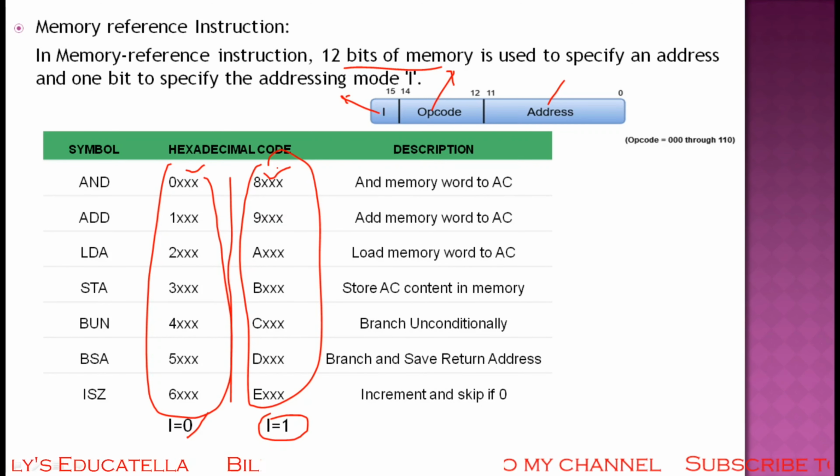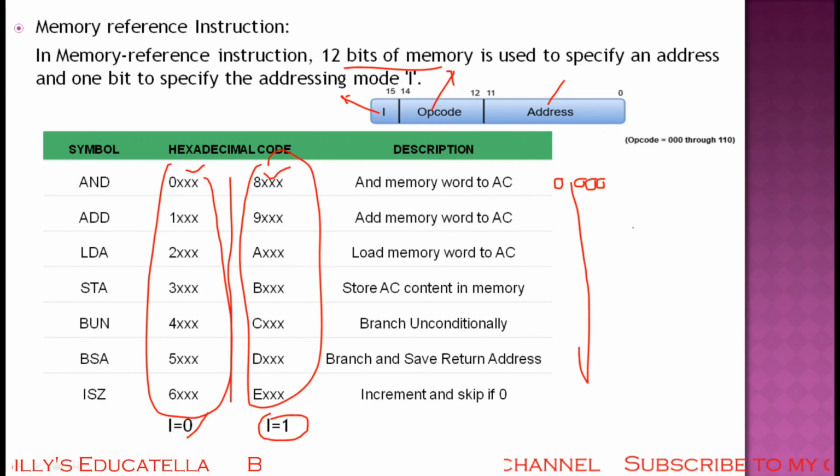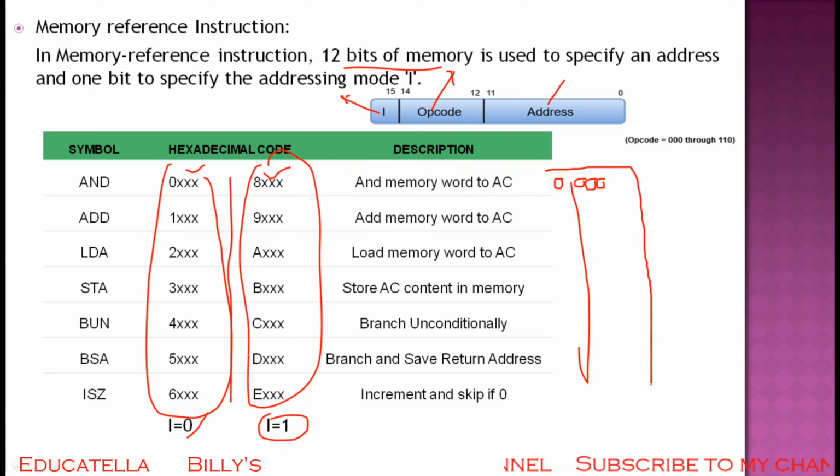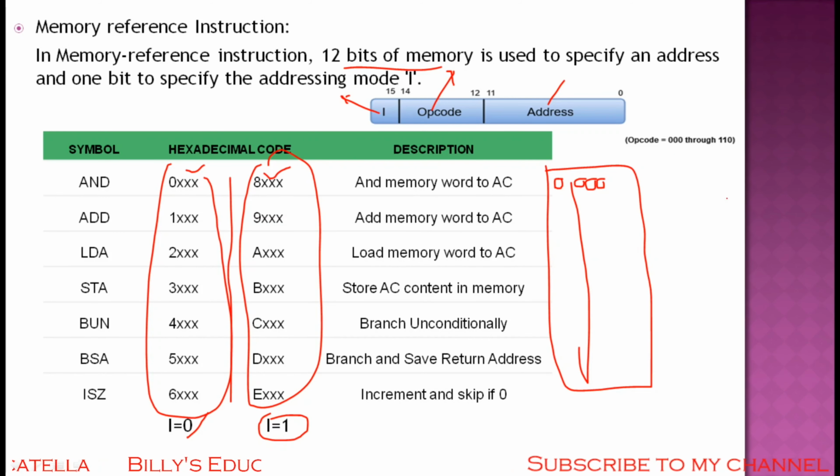I want to tell something about this hexadecimal code. When the I bit value is 0 and the opcode is 0 0 0, here this is when the I bit value is 0.